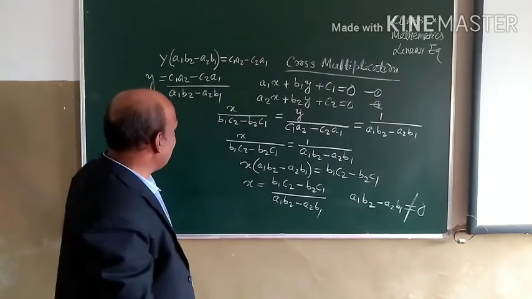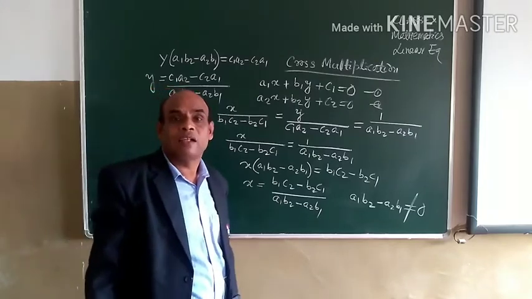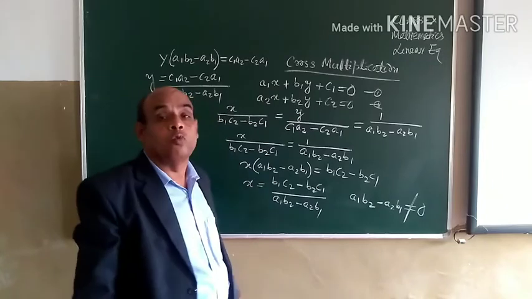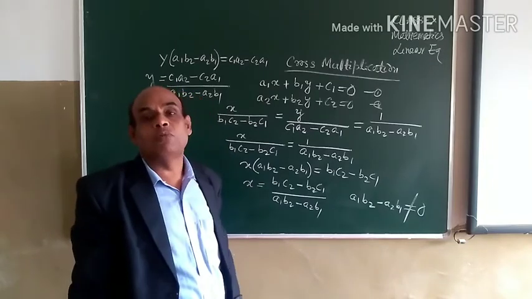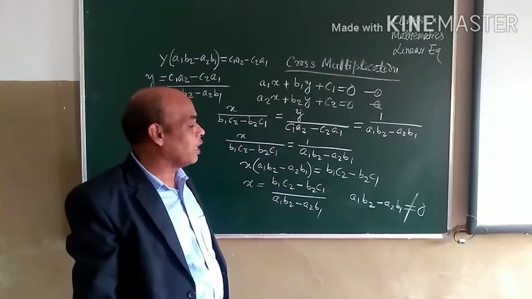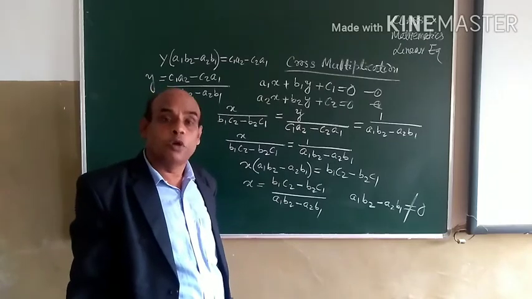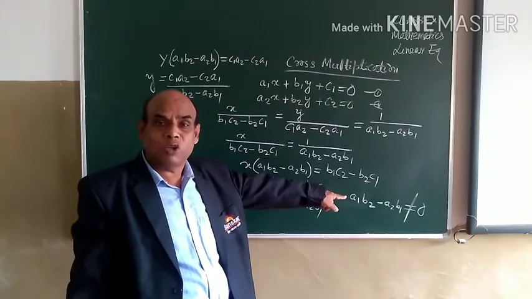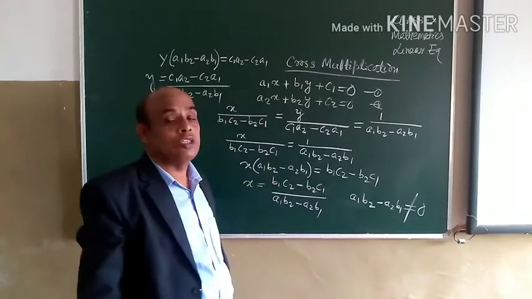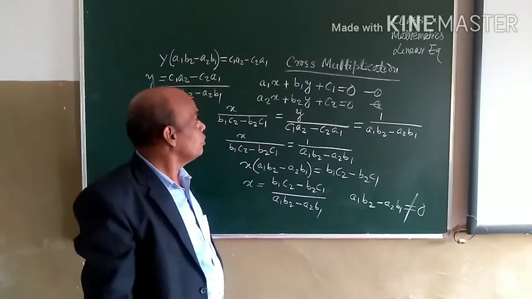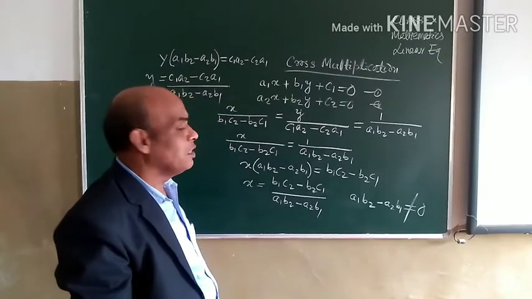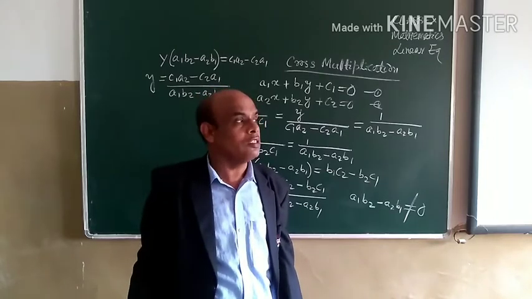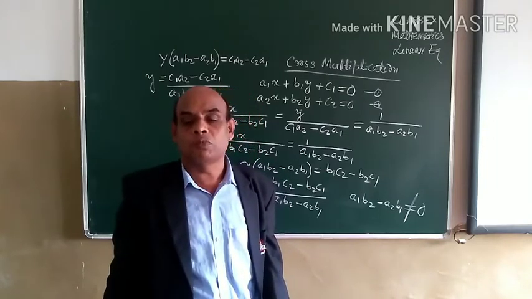So we have to remember this is the formula for x and this is the formula for y, whereas the denominator must not be equal to 0 in both cases. This is the formula that we have to use when we find the solution by the method of cross multiplication.